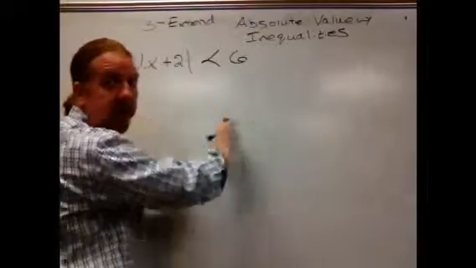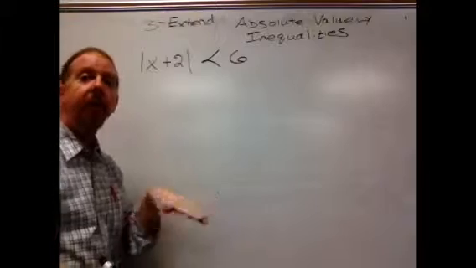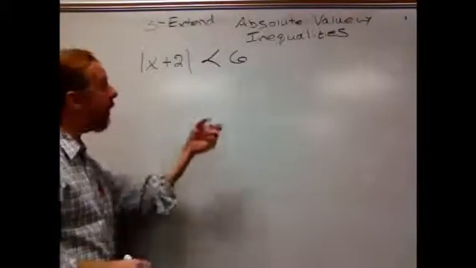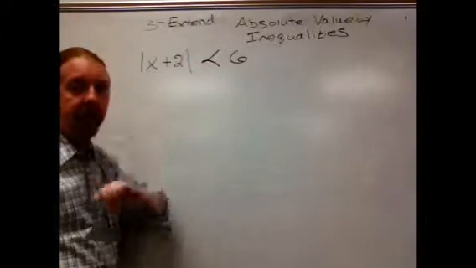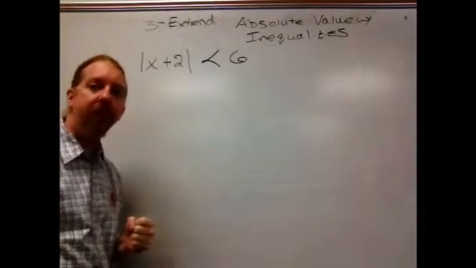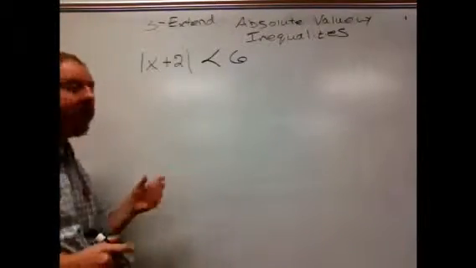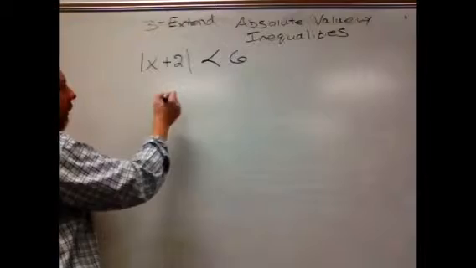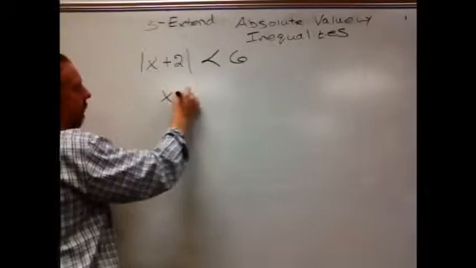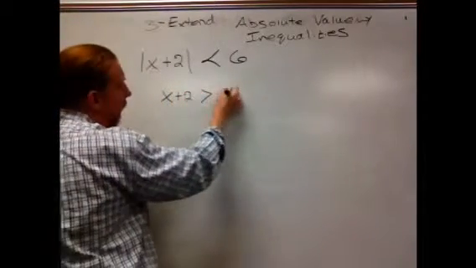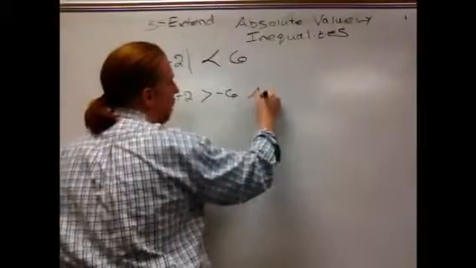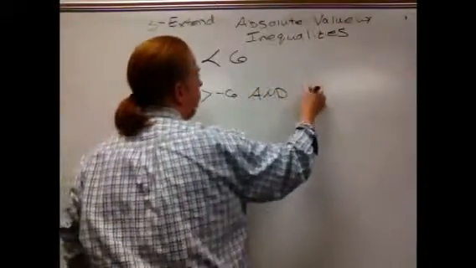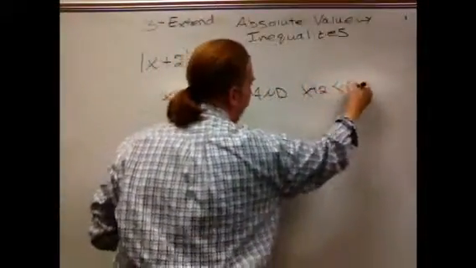Then we're going to split our two cases off. Now, because we're talking about an inequality using less than, I'm going to use the word and as part of this. So my two possible cases when I split this are going to be x plus 2 is greater than -6 and x plus 2 is less than 6.